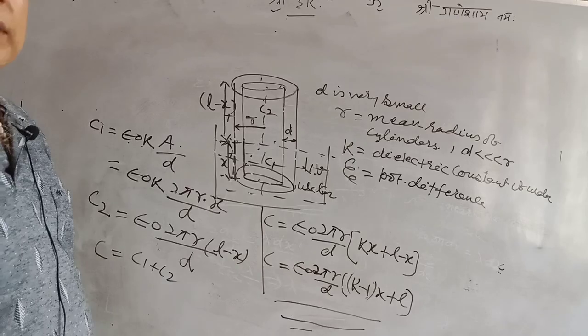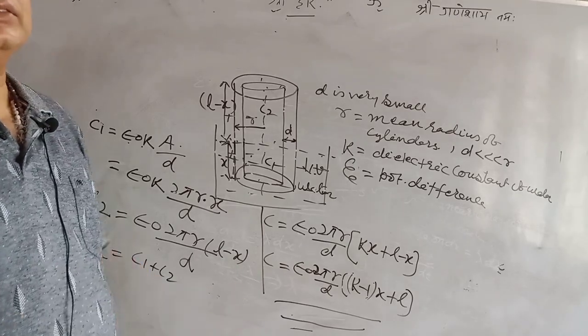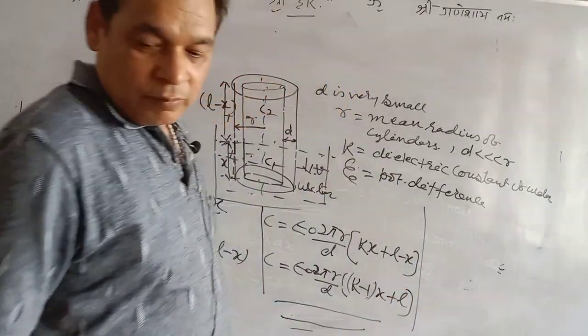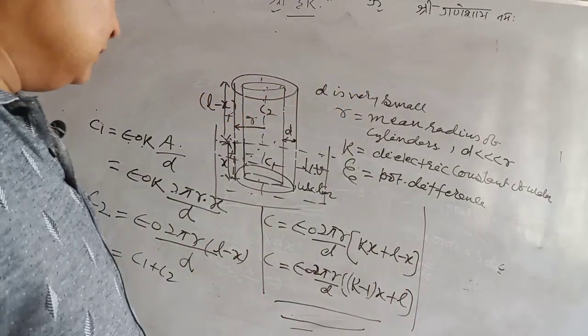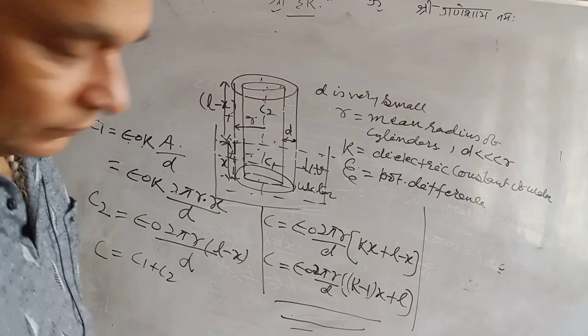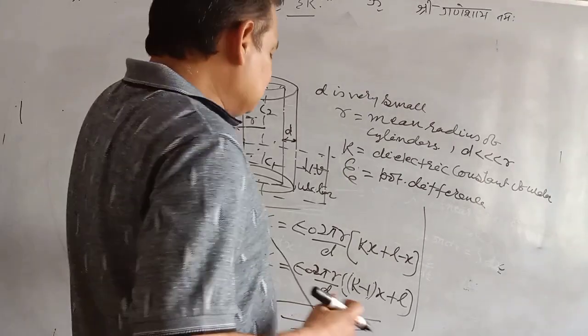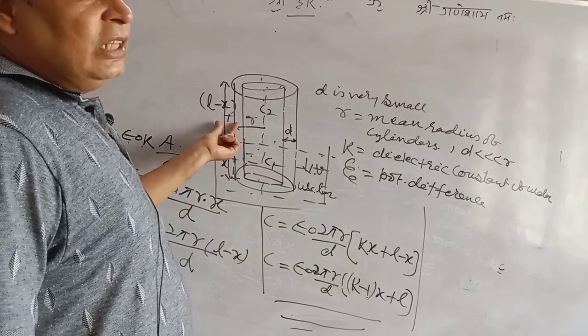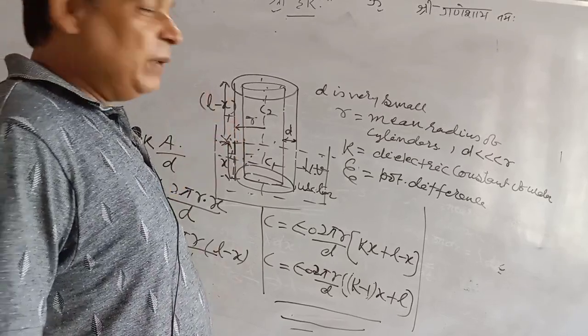But we have to find the electric current, not the capacitance. How can we do it? At a particular instant, when the capacitance is this one, potential difference ξ is applied by the battery.